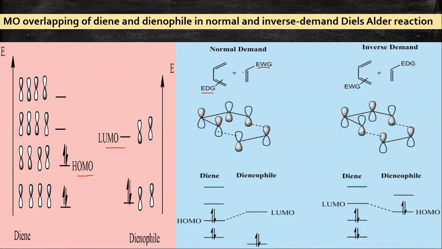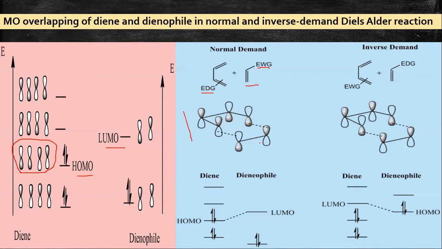So let's discuss first the normal demand. Here we have an electron donating group at the diene, which makes it more electron rich, and an electron withdrawing group at the dienophile, which makes it electron deficient. Now the HOMO, or this part, would be considered like this.